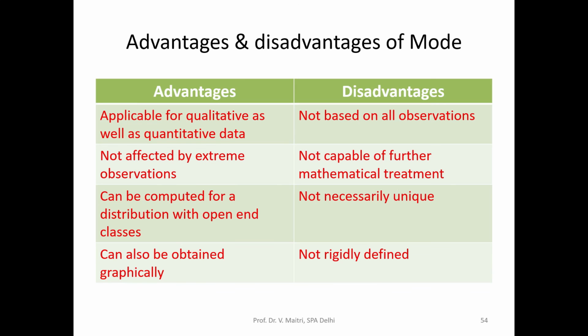The disadvantages are that it is not based on all observations, which the arithmetic mean is, and it is not capable of further mathematical treatment. This is the biggest hurdle. Mode is also not necessarily unique, while the arithmetic mean is unique, and it is not rigidly defined. So these are the advantages and disadvantages of mode.